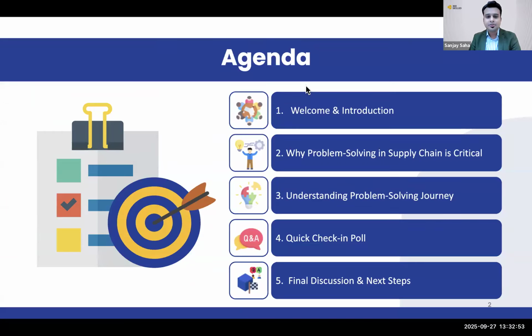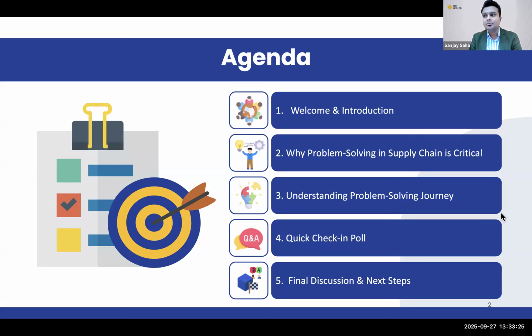So for today, let's look at the agenda very quickly. Welcome and introduction, then a basic idea on why problem solving in supply chain is a critical activity. Then we will go through a theoretical and practical overview of how to go through problem solving, starting from understanding problems, whether you see symptoms or the problems.